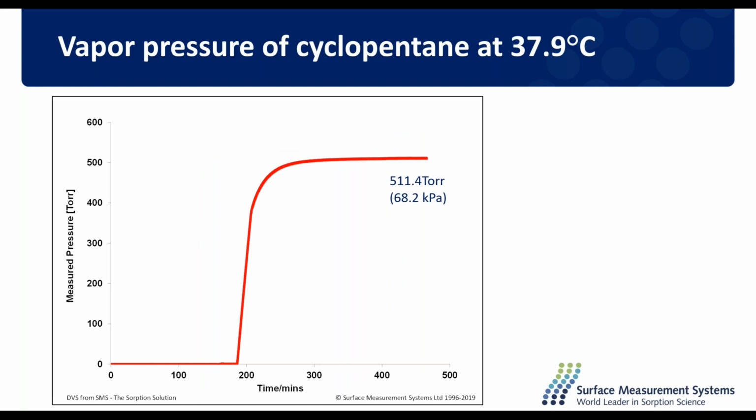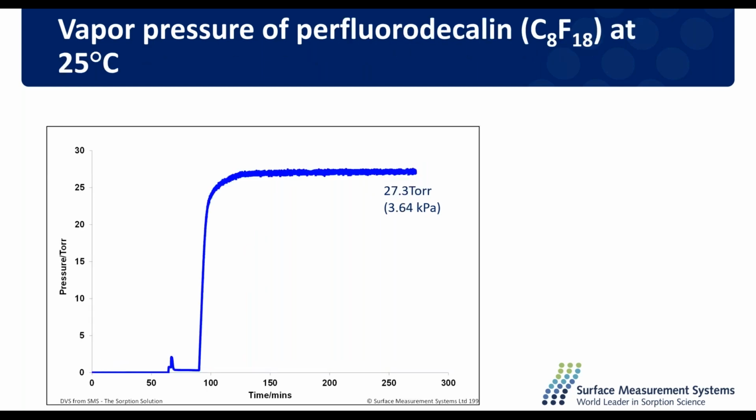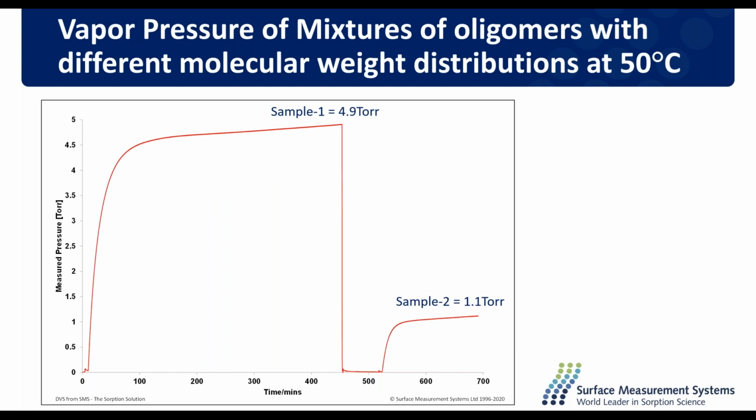Cyclopentane at 38 Celsius has a much higher vapor pressure, 511 torr, and a heavier compound, the fluorocarbon perfluorodecalin at 25 C, has a vapor pressure of 27 torr. The vapor pressures of mixtures can also be very simply measured through the static method.